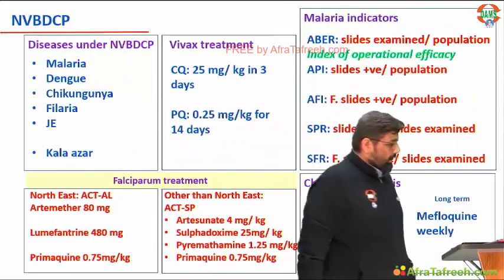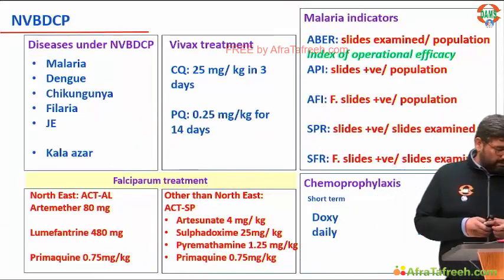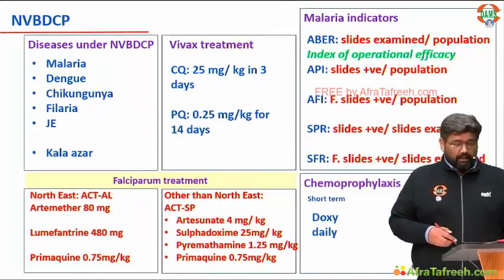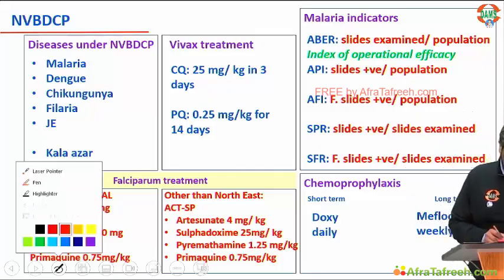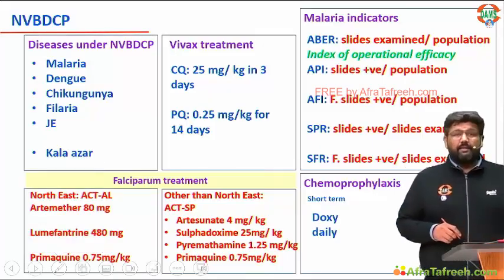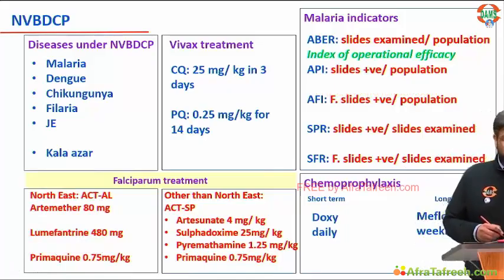Now, in one slide, we have compiled the diseases under NVBDCP, the vector-borne disease control program: malaria, dengue, chikungunya, filaria, JE, Kala Azar.